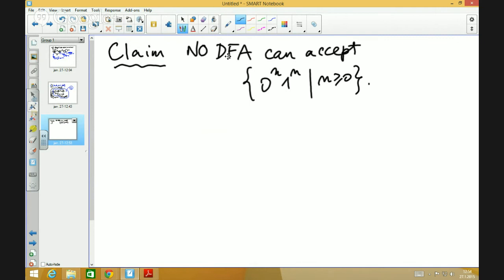Okay, so how can we prove this? I'm going to try and make it as simple as possible, and I will consider some examples. The pattern of the proof is as follows. We proceed by something which is called proof by contradiction.